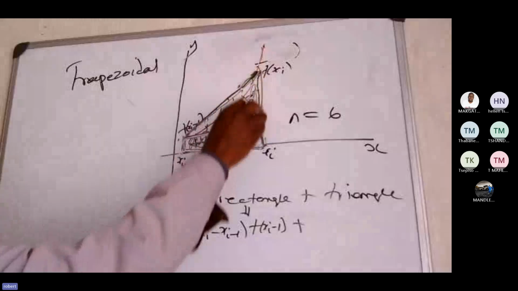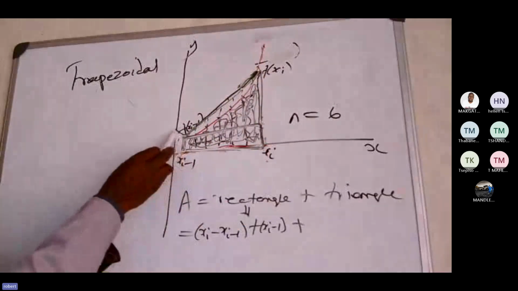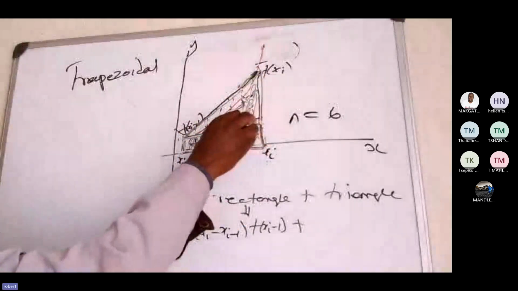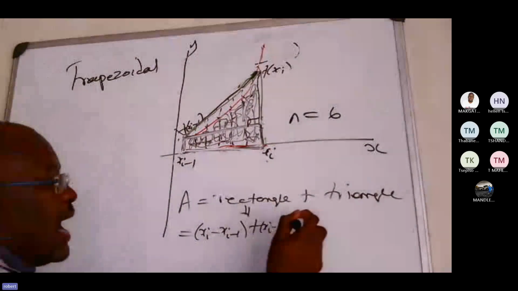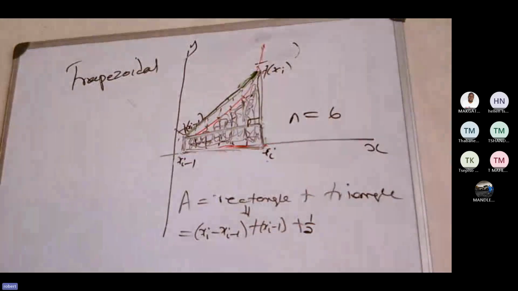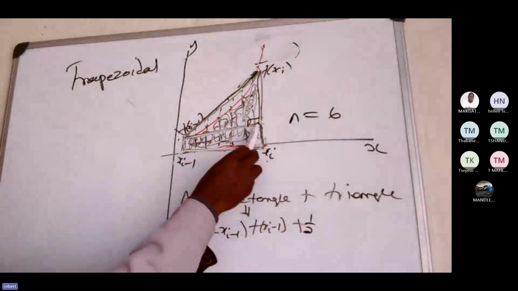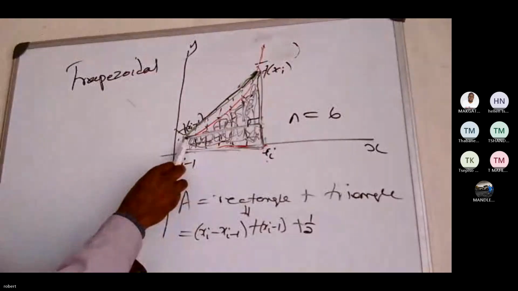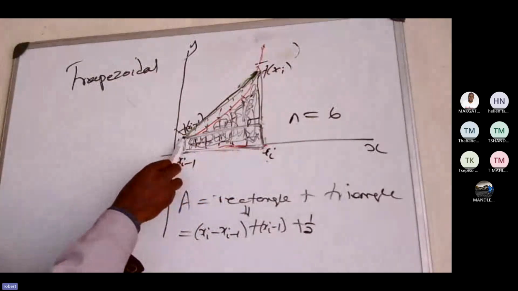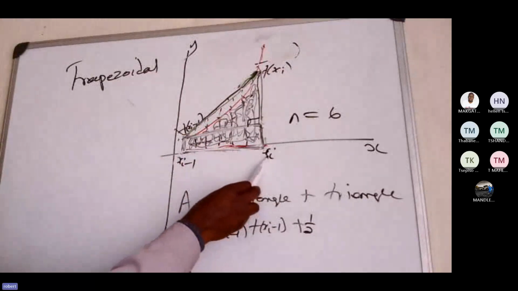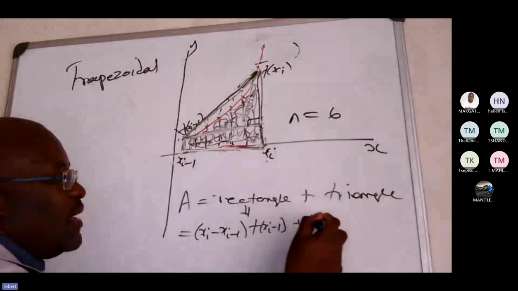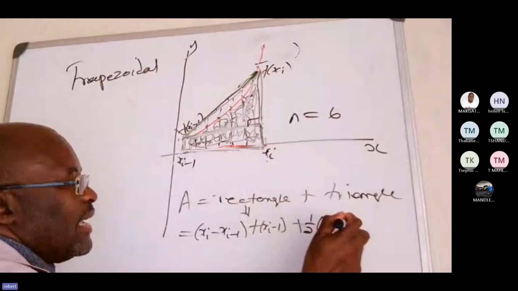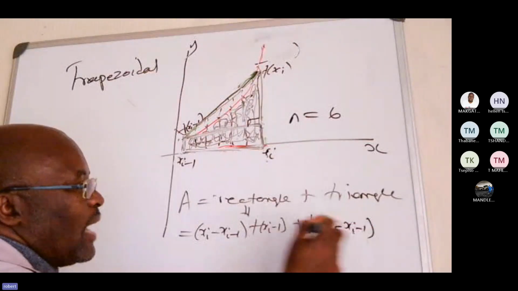Because obviously this is perpendicular to this, this is a right angle. Therefore, there is a formula for this. It will simply be half multiplied by the base. And the length of this base is still xi minus xi minus 1.